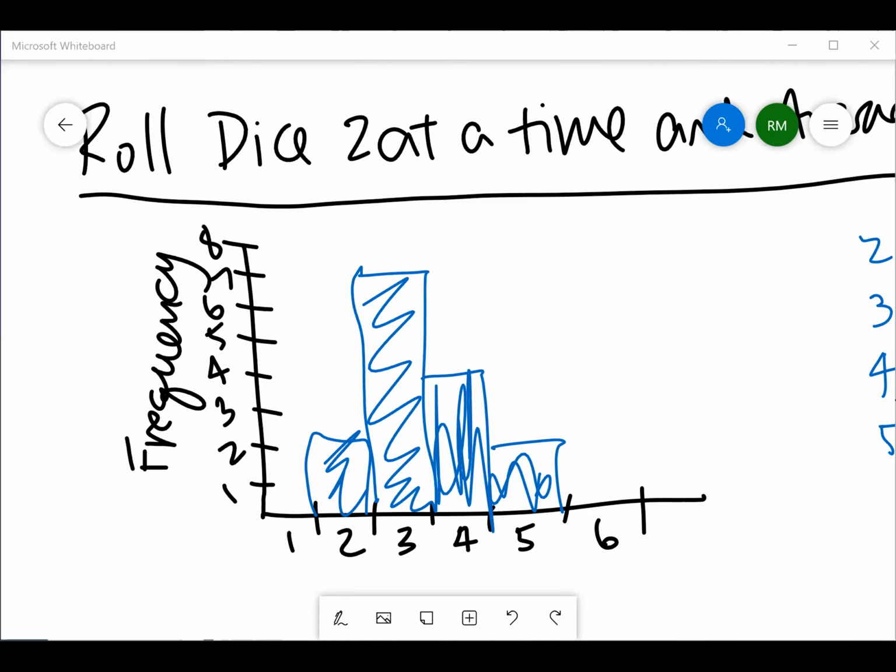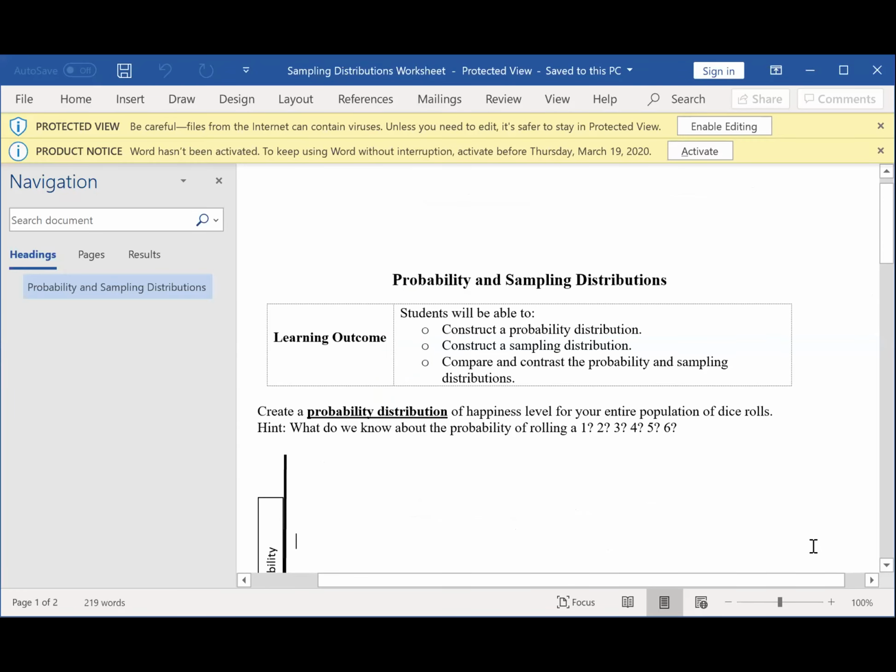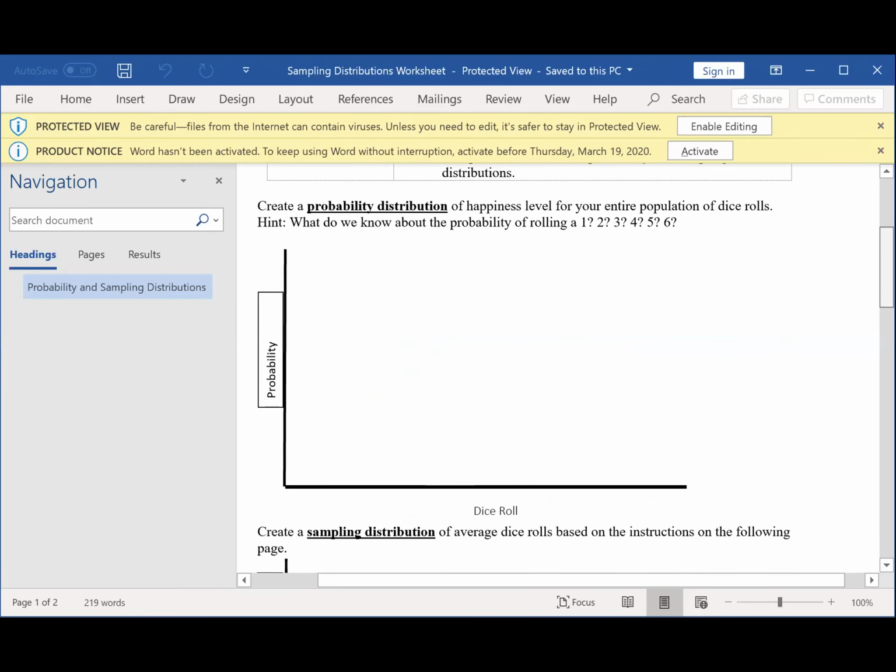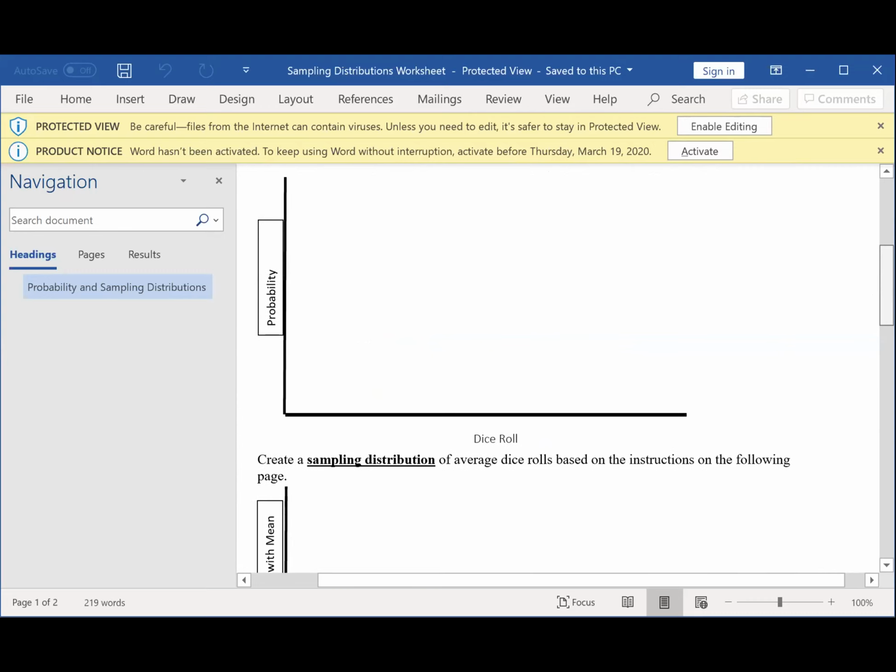What I want you to do now is to do this experiment as well using the same website. So if you go on Moodle and you click on today's lecture, you can see the following Word document. And this is the document that has today's activity on it, where you'll be simulating dice rolls of your own.